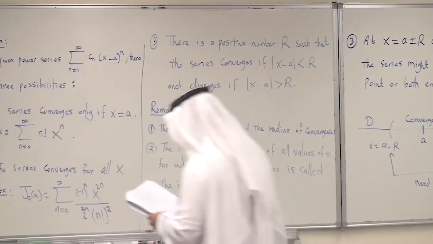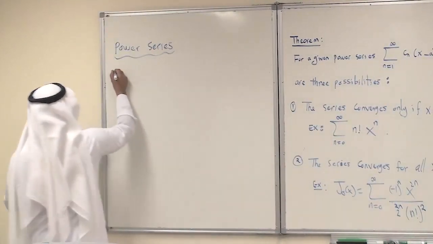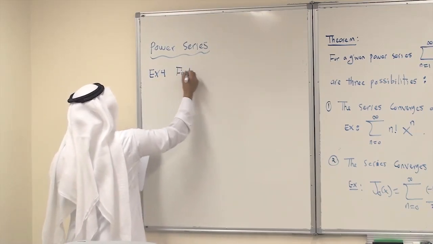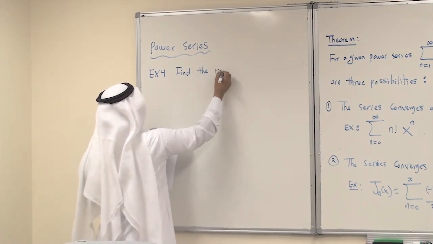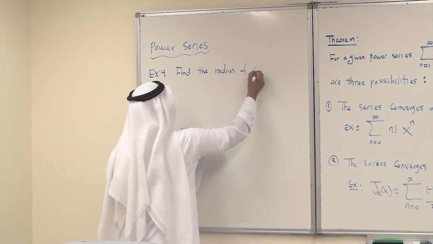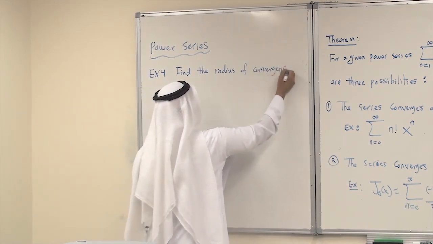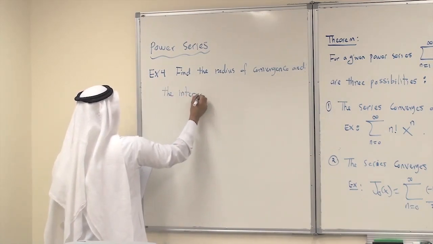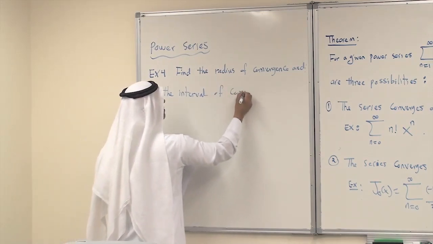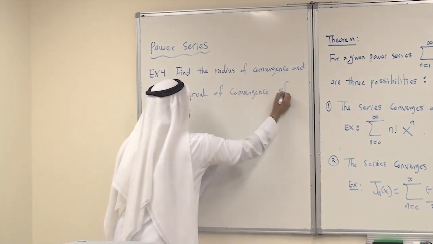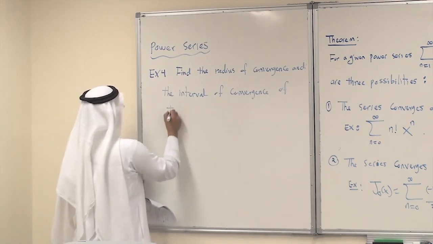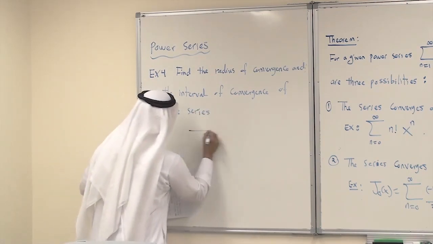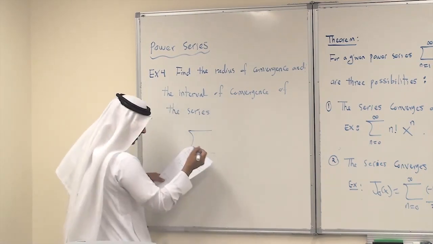Let us see what will happen now if a question says, like example number 5, find the radius of convergence and the interval of convergence of the following series, the series given by summation, n equal to 0 to infinity.